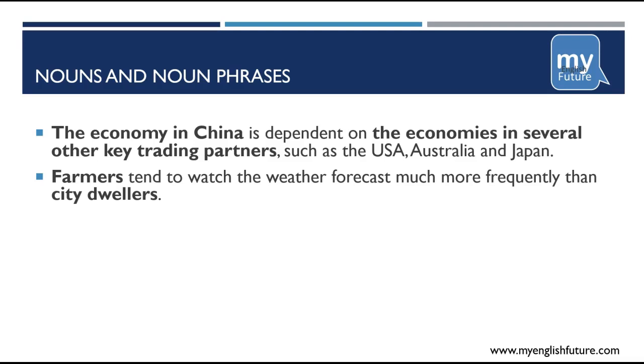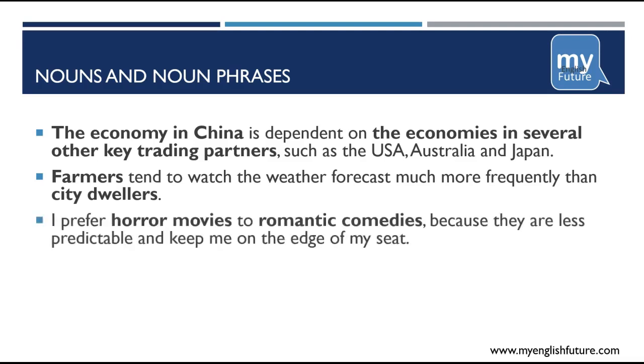Well, you can, but it won't get you a high score. I prefer horror movies to romantic comedies because they are less predictable and keep me on the edge of my seat. Can you see the parallel structure? Horror movies, romantic comedies.